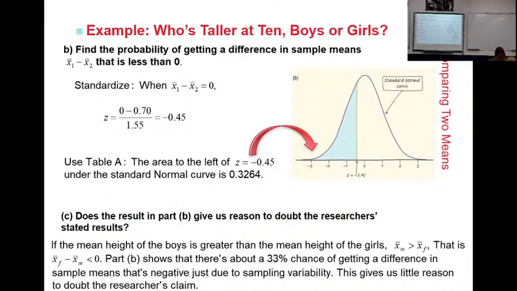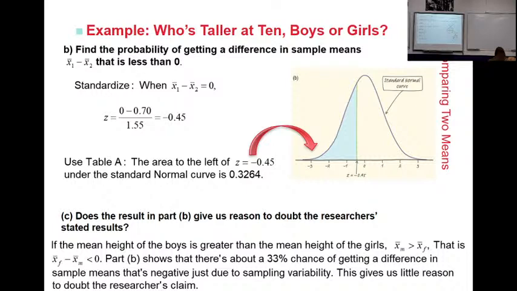And that probability that we have that low a value is 0.3264. So that 0.3264 is going to say, well, that's a pretty high chance. So it doesn't give us reason to doubt the claim. Or in other words, we're going to fail to reject the null hypothesis.